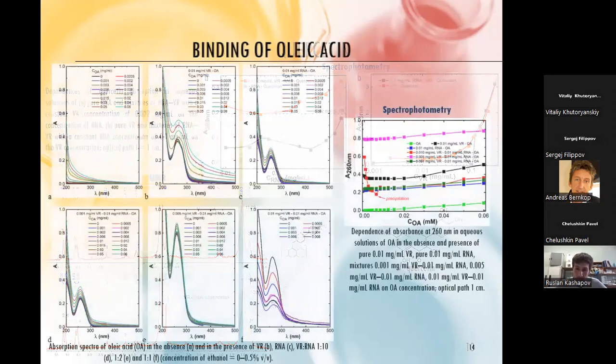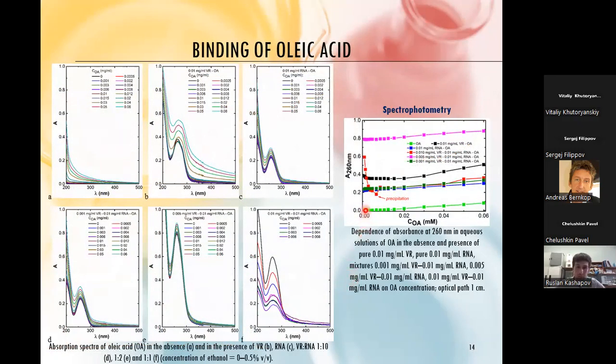After checking that the lipophilic quercetin is solubilized, it was further decided to try to use nanoparticles to bind long-chain oleic acid. Absorption at 260 nanometers was used to study the interaction of oleic acid with the mixed system.